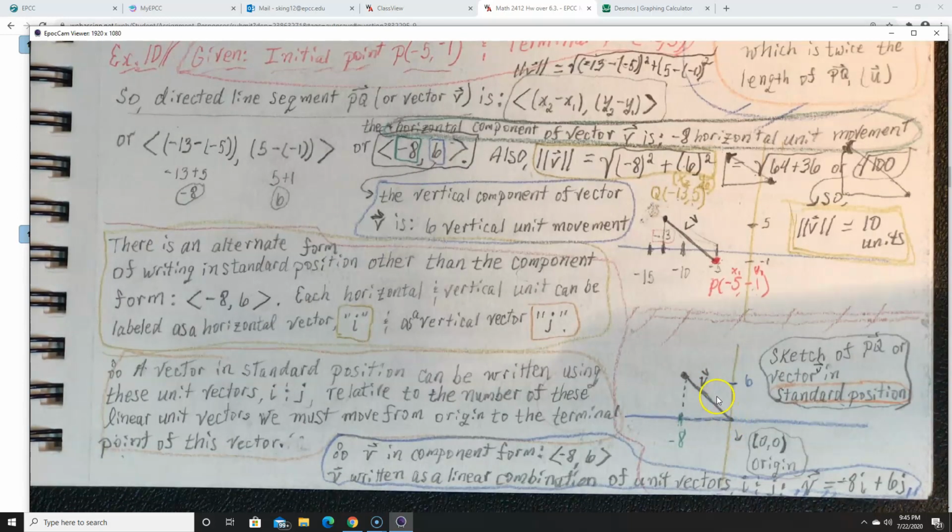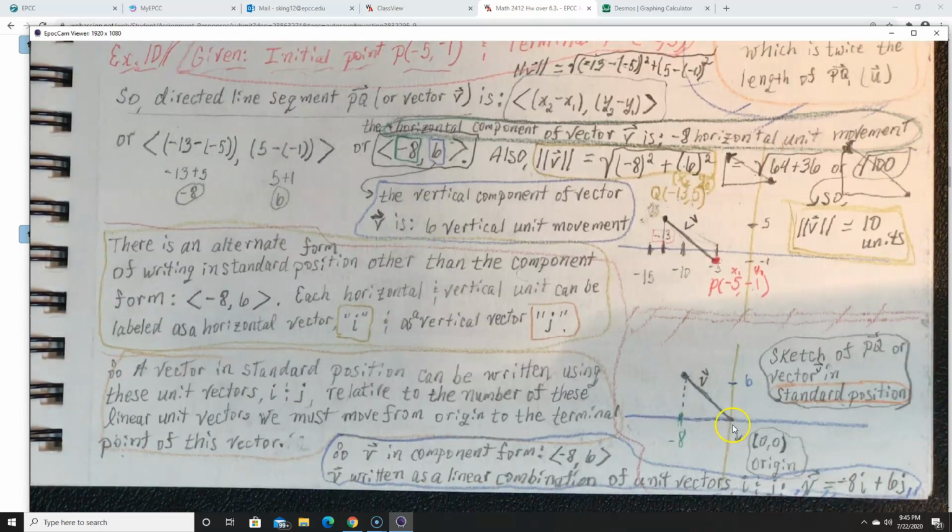Connect the initial point to the terminal point, and here is the vector V that represents this directed line segment, this one, and this one, and this one, that are all the same. And we call this vector now the vector that's put in standard position.